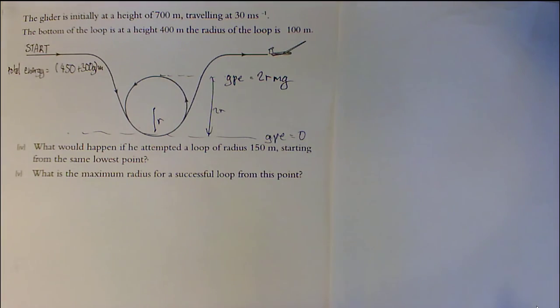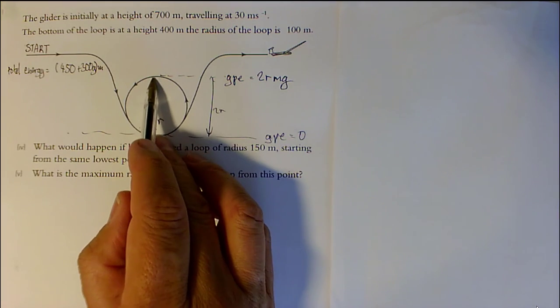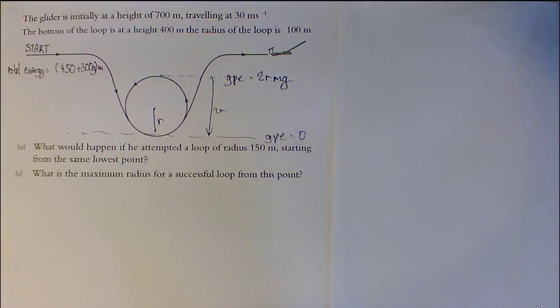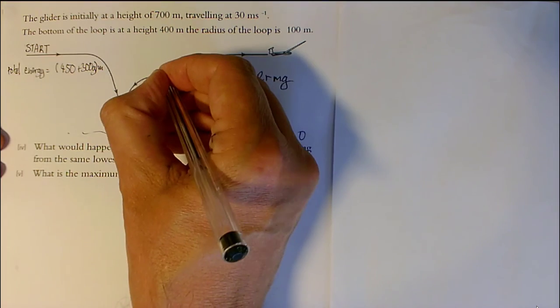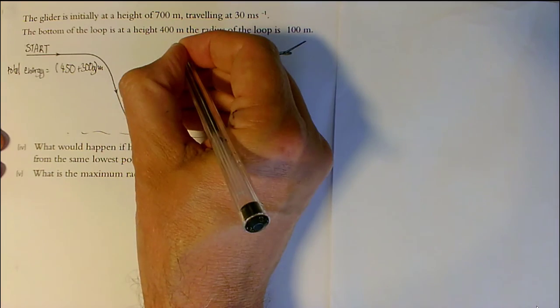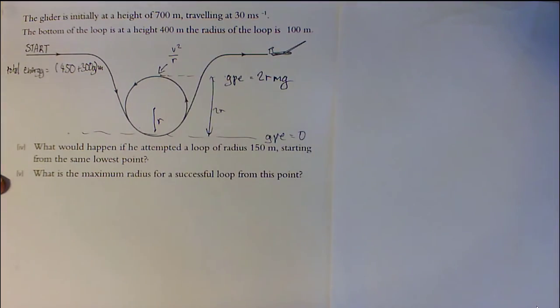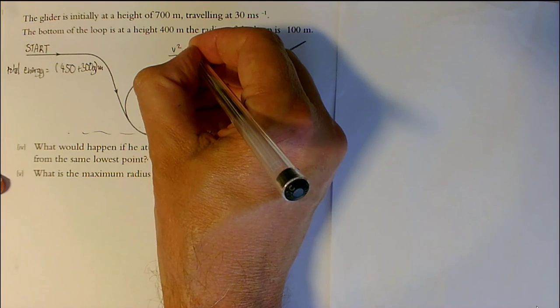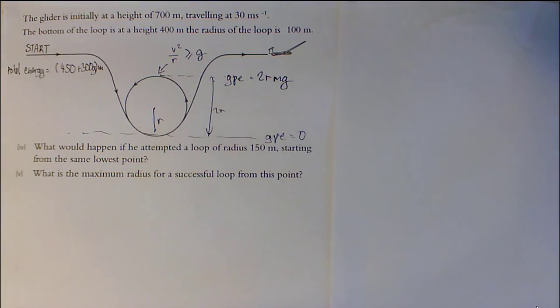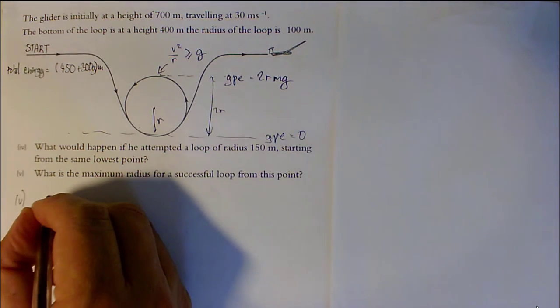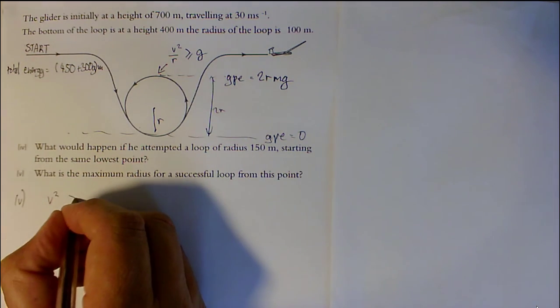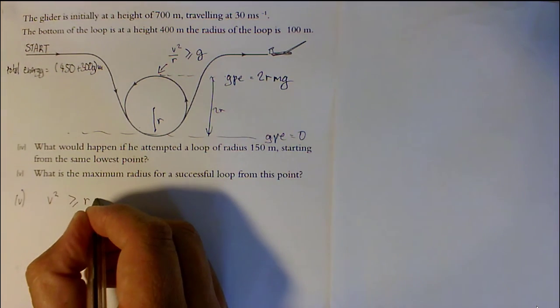I need to ensure that the acceleration associated with the motion is at least as great as g. So the acceleration at this point here is v squared over r. That has to be greater than or equal to g. That means that v squared has to be greater than or equal to rg.